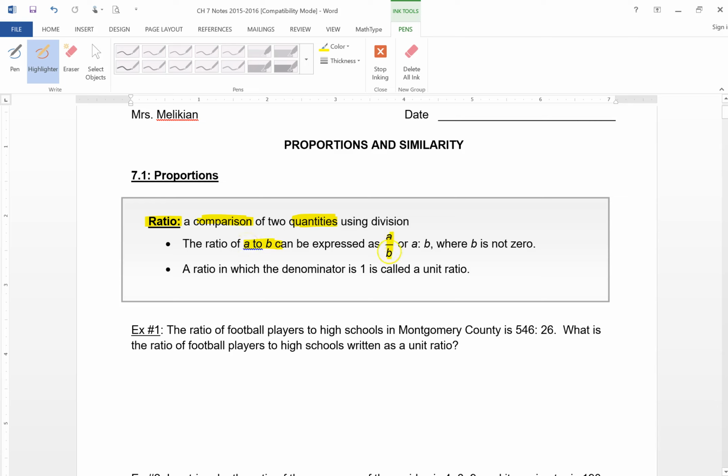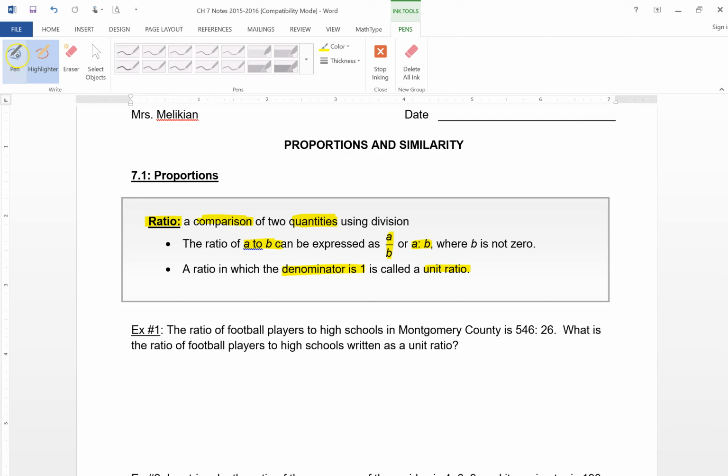You can either write it as a fraction A over B, or using a colon A to B, right? And B should not be 0 because then you wouldn't be able to divide by it. Now, a ratio where the denominator is 1 is called a unit ratio, okay?